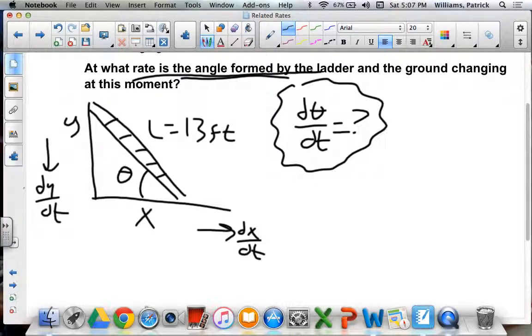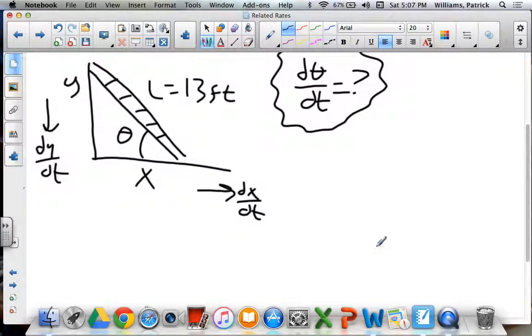So if you didn't get to this step, pause the video again, try to go further. Remember, we want to find an equation that relates that angle theta to the things that we have been given. All right? So if you give it a shot, the equation that we're going to use to relate this, there's actually several, but they're all going to be based upon trigonometric functions, okay?